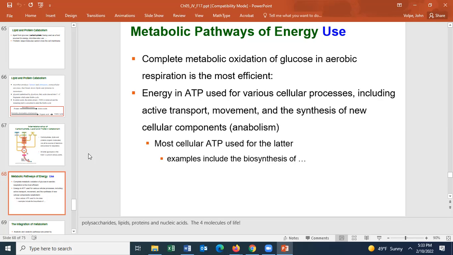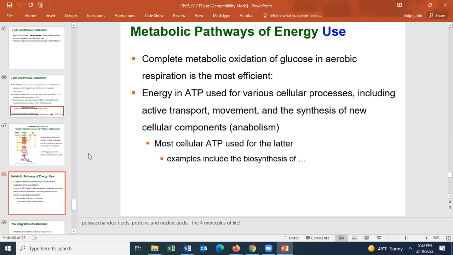Like when we're building protein, we will use ATP to link together the amino acids to make the protein. And the cell uses that for all forms of anabolism. The cell uses ATP for most of its cellular processes.